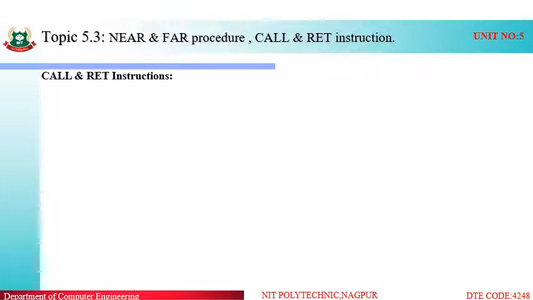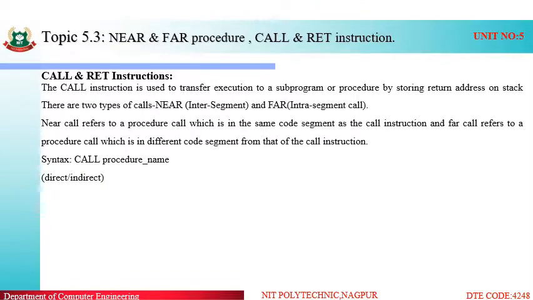Whenever we call it, it will jump to the procedure memory address, and when the set of statements inside the procedure is completed, it will return to the main program. For this there are specialized instructions, that is the call instruction and the return instruction. Call is used to call the procedure and return is used to return from the procedure to the main program.